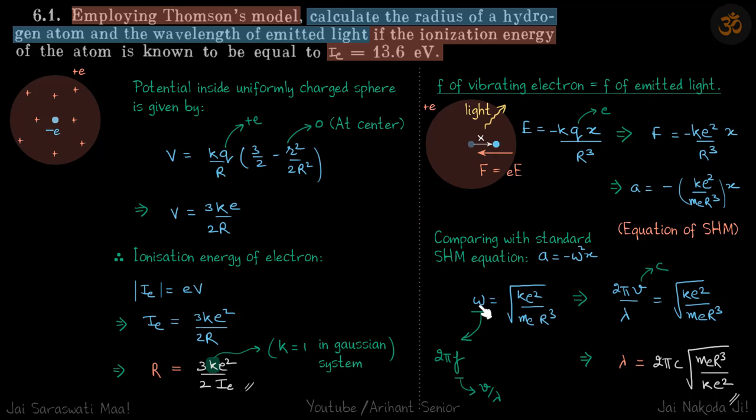So we can write omega as 2 pi f. This time we are writing for the light, and f we know is v by lambda. We'll put this value of omega here, so it will simplify to 2 pi v by lambda, and the velocity of the light is c. This gives the required wavelength of the emitted light, which is this, our answer.